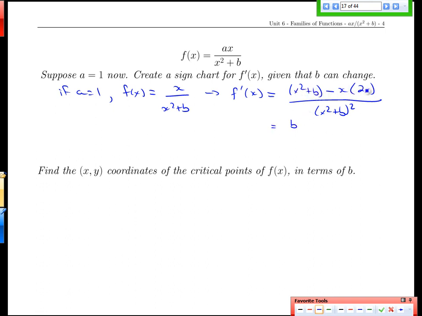So the b will stay the same, but we'll have minus x squared over x squared plus b all squared. And we can factor that as root b minus x, root b plus x. We have a difference of squares, but we have to consider what the root of b would be as the root of the first term.